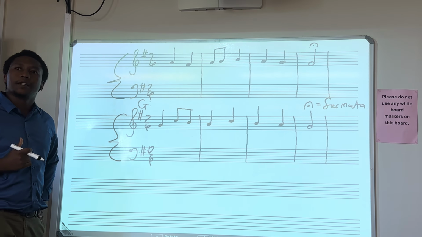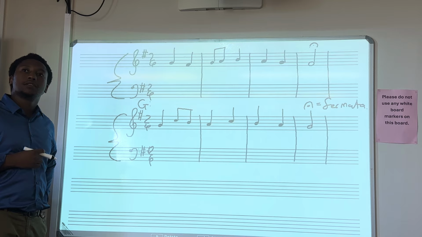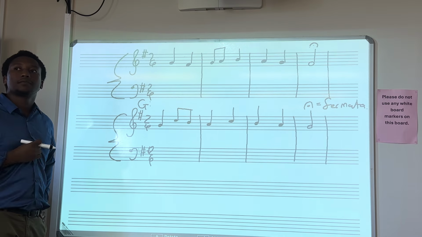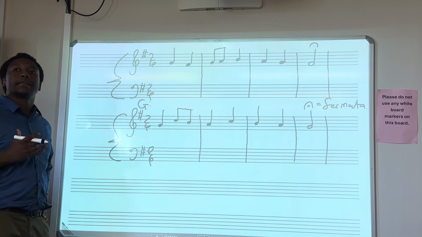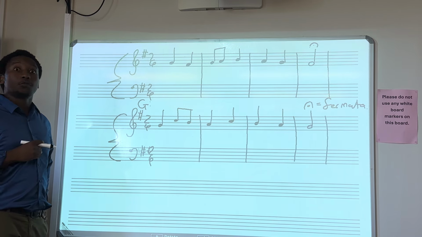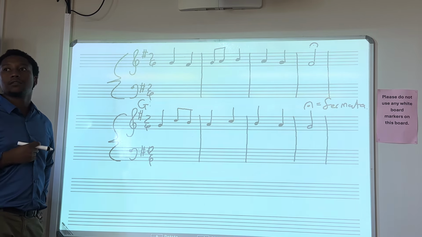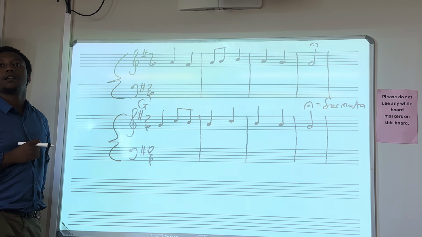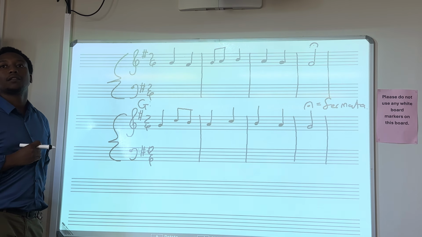What is indicative that it could be a minor? What do you think are the indications that you would see if it says it's a minor? Key signatures. Okay. Accidentals. Yeah. Any accidental that isn't in the key.